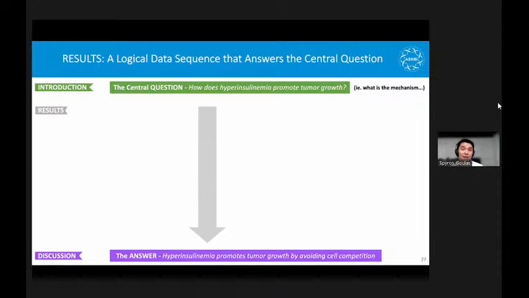If we now look at the overall layout of the results section, listing only the active subheadings of each subsection, it would look something like this.